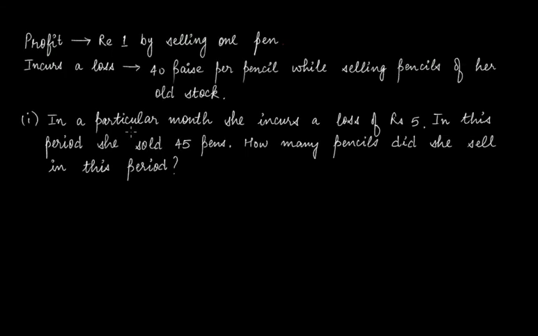So this is the first one. In a particular month she incurs a loss of rupees 5. So loss of rupees 5, that is, you are making a loss in the case of pencil.